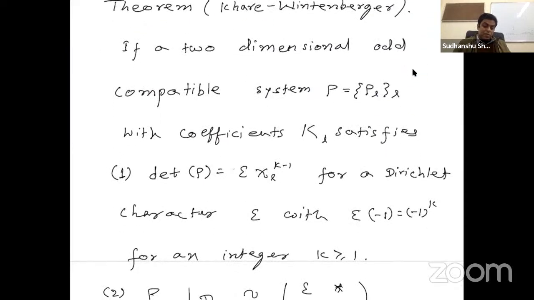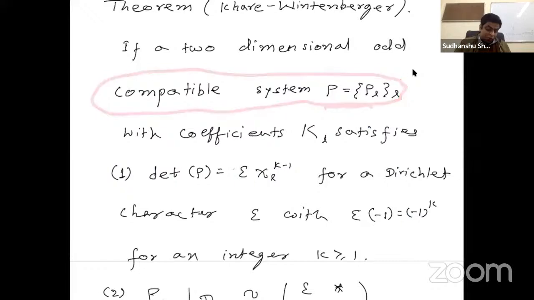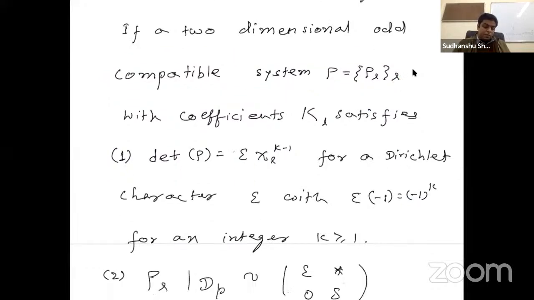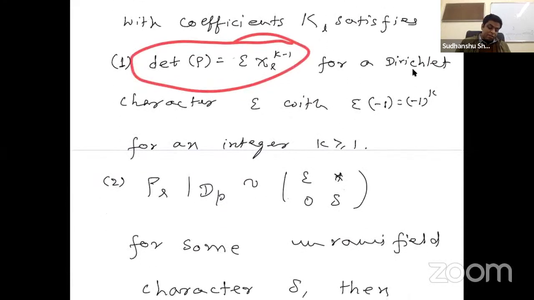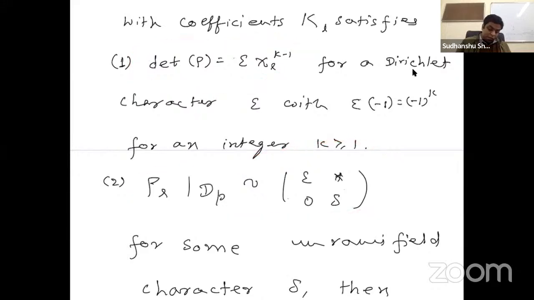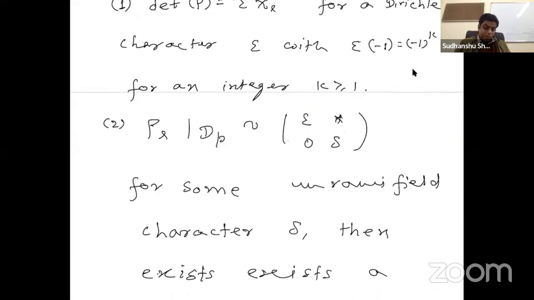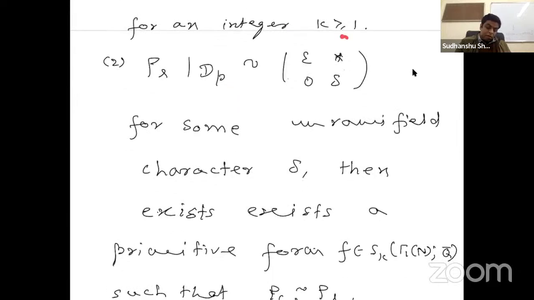So we say that if I have a two-dimensional odd compatible system of representations, let's not bother about this, it basically means that we have a representation at every prime L, which is compatible in some way, with the same property that determinants take this form, and the restriction to the decomposition subgroup at L is of this form.